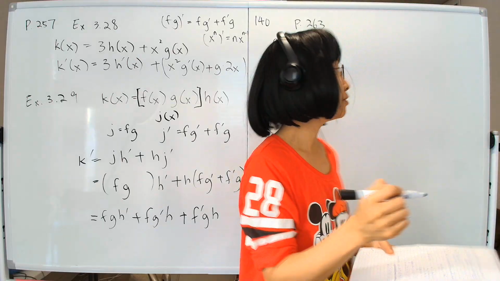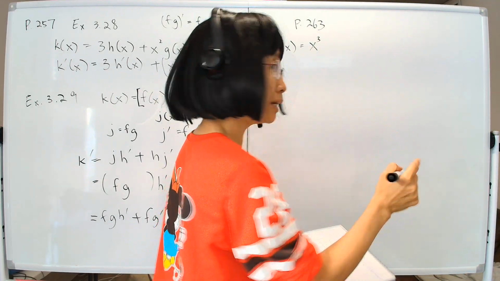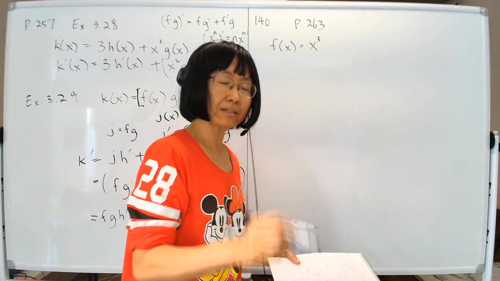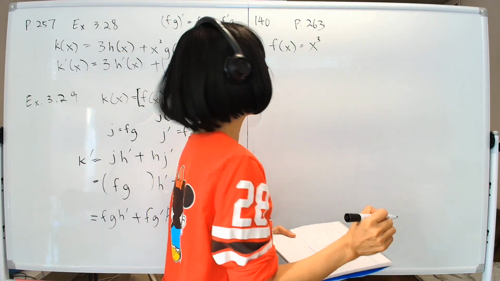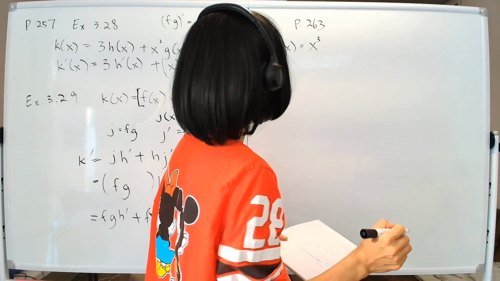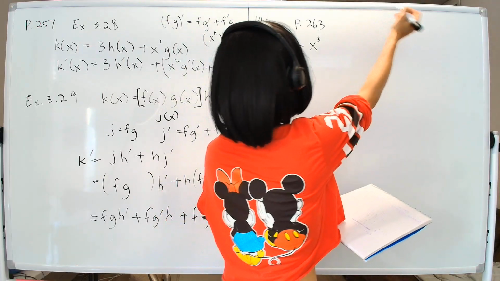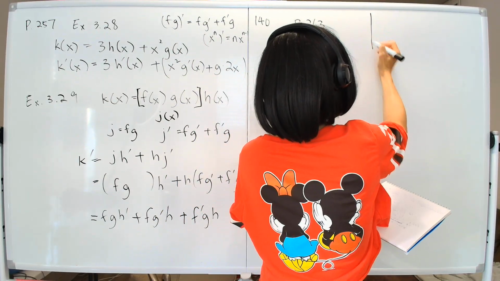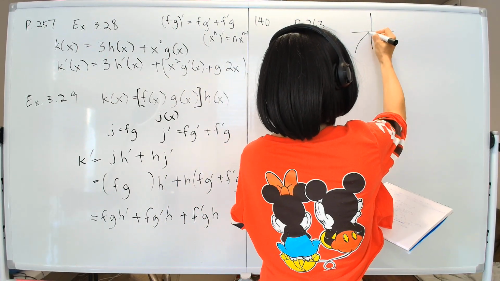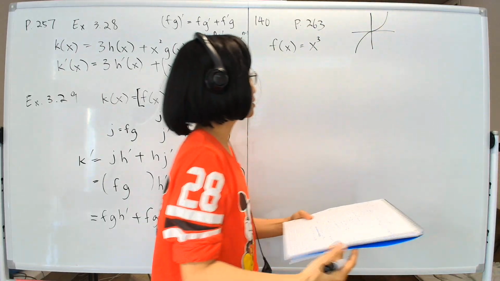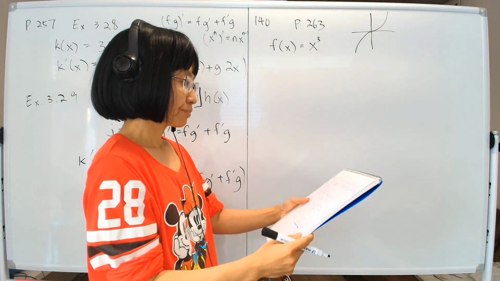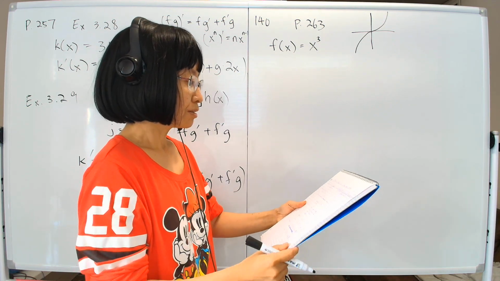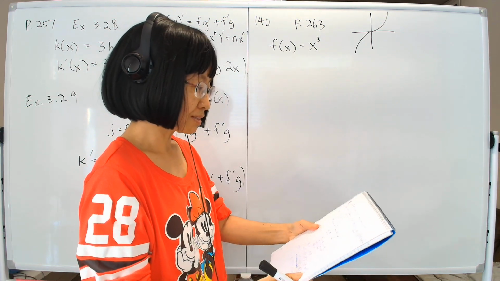If you don't remember what x to the power 3 looks like, you should plot it right away on the graphing calculator. The x to the power 3 looks something like this. It's something that you should be able to visualize in your head and have memorized.